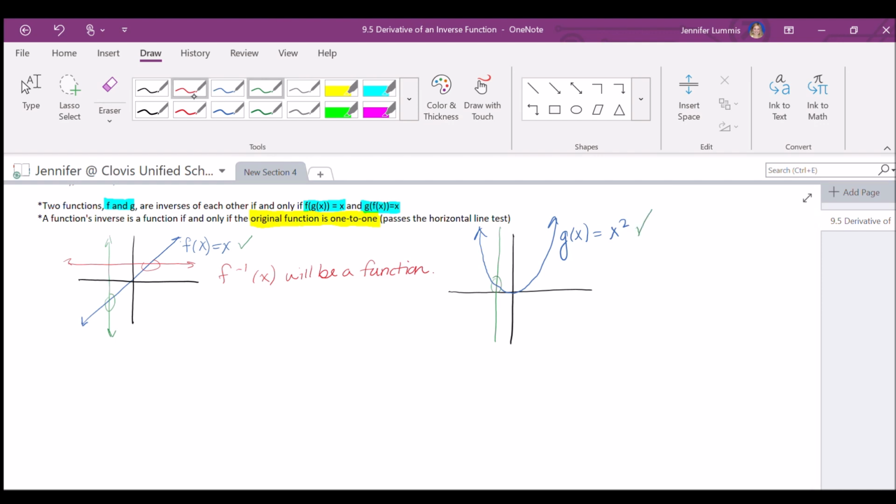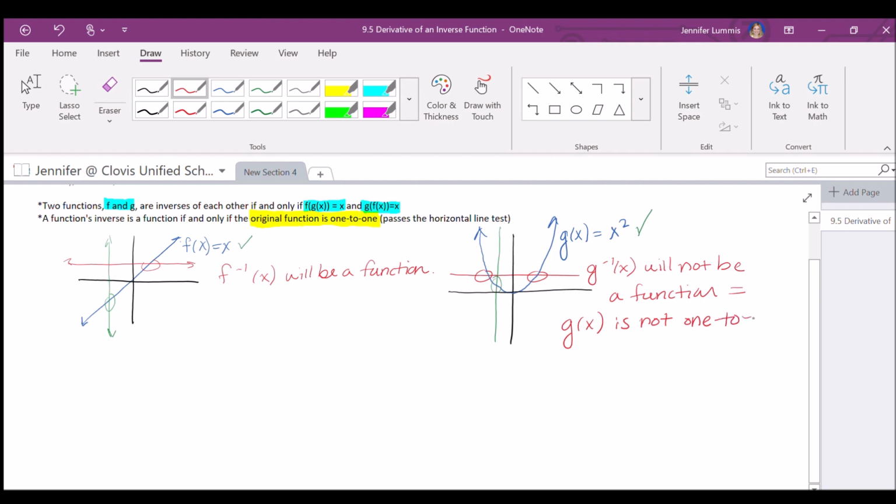However, if I draw any horizontal line, there are a lot of times where we pass through the function twice. So this means that the inverse of g will not be a function. In other words, g of x is not one-to-one. But back over here, f of x is one-to-one.